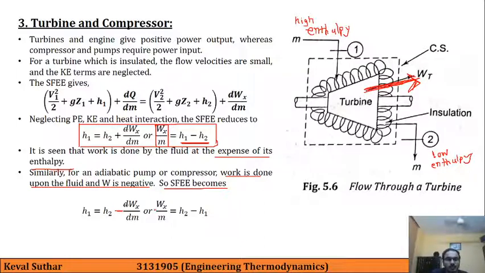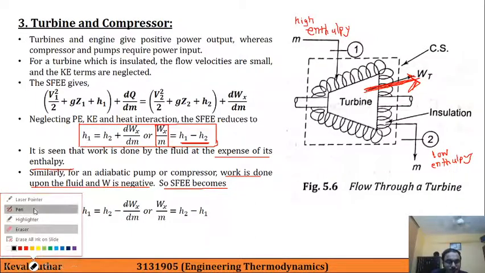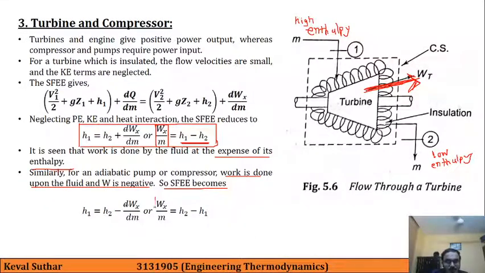Okay. So this is the final formula in case of pump or compressor.